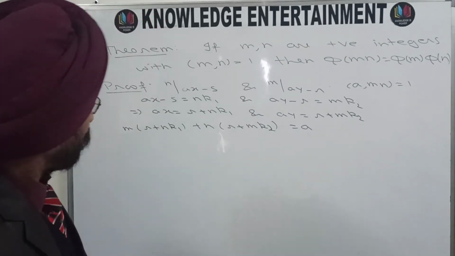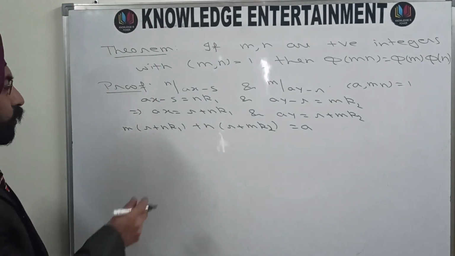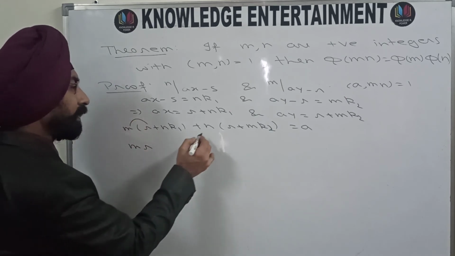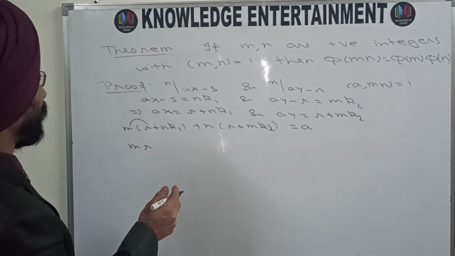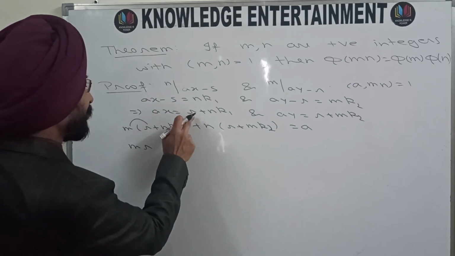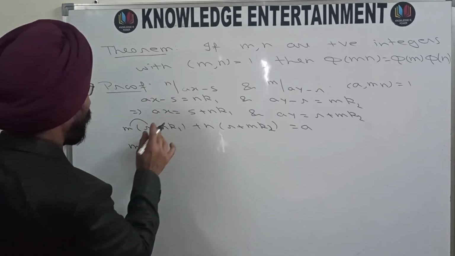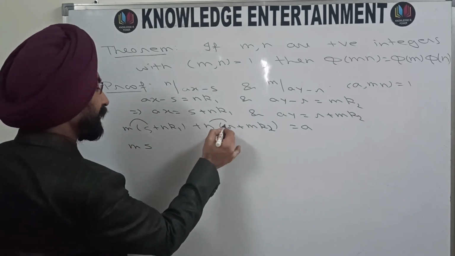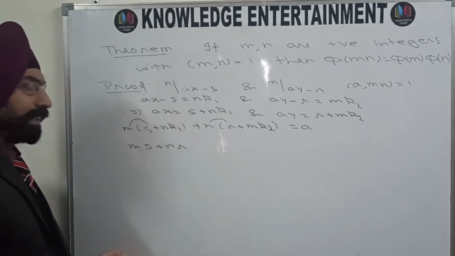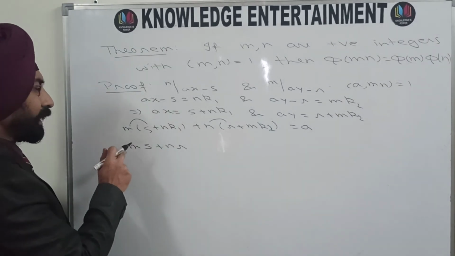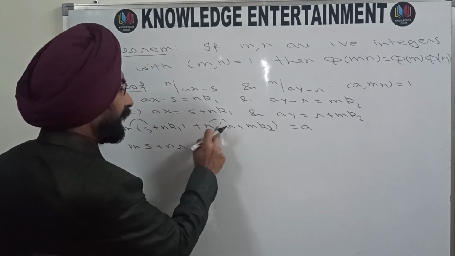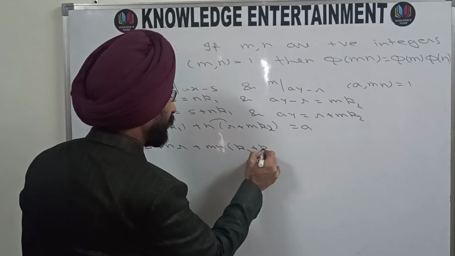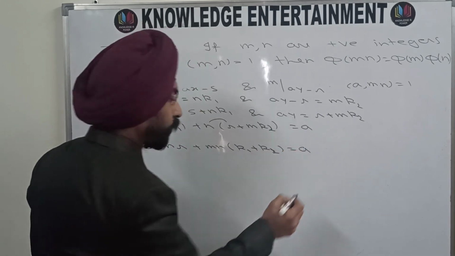So you are going to get ms, and nr, and what else? mn k1, mn k2. So mn times (k1 plus k2) is equal to a minus (ms plus nr).